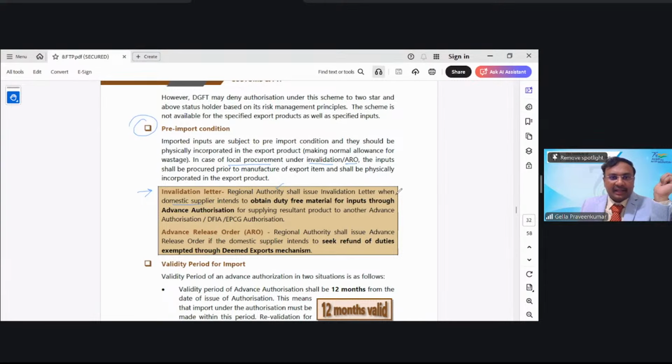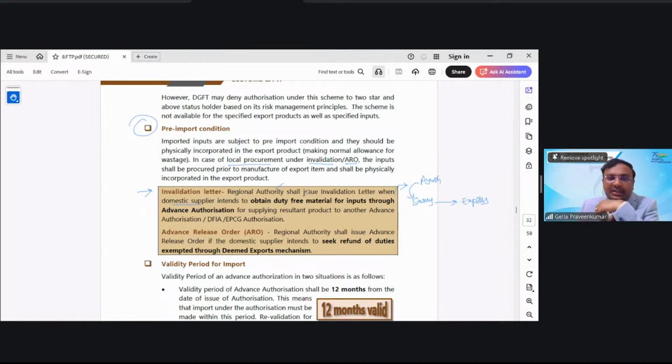So under invalidation letter, let's take an example, say Ayush, Swami. The goods which are manufactured by Ayush, Swami is a person who does exports. Swami, instead of importing the goods, wanted to buy from Ayush. So when Swami wants to buy those goods, there is a letter called invalidation letter, which is issued by the regional authority.